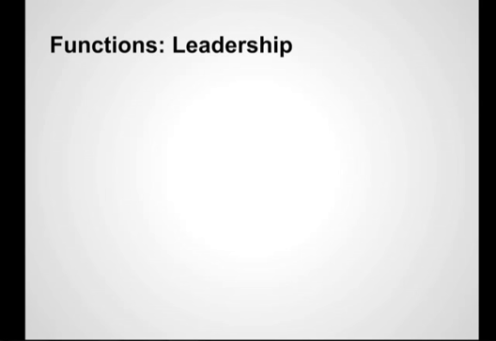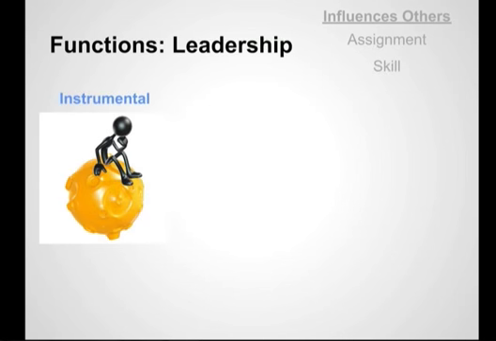Another set of functions that a group will try to institute is leadership. Generally, leaders influence others either by appointment or assignment. They've been assigned to be the leader of the group, or their skill makes them rise to the top and people look to them as a leader. So there's two different types of leader.